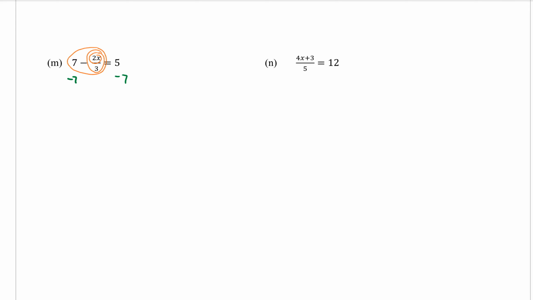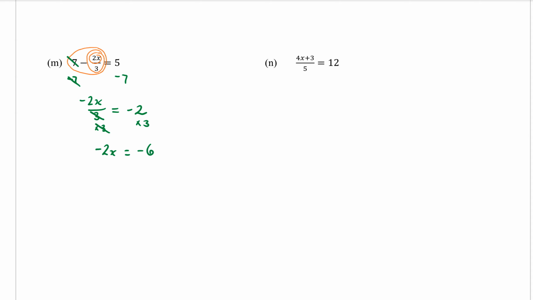So subtract the 7, and I have minus 2x over 3 equals 5 take away 7 is negative 2. Next step is going to be the 3 on the bottom. It's divided, so the opposite is to times by 3. Cross off those 3's. I have minus 2x, and minus 2 times 3 is minus 6.